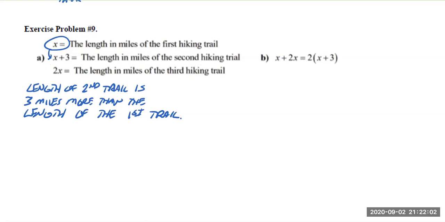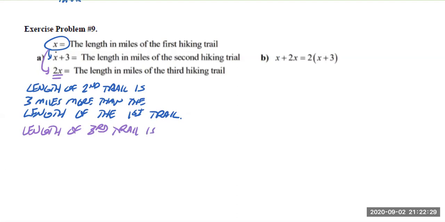And I can also do that for the third hiking trail. I notice that X is actually in here. So the length of the third hiking trail is, well, now I just need to interpret 2X.